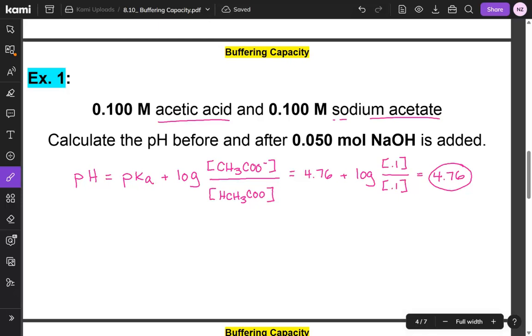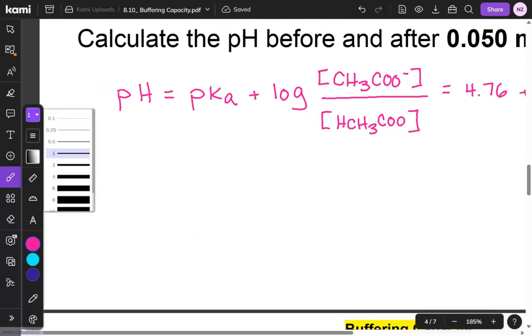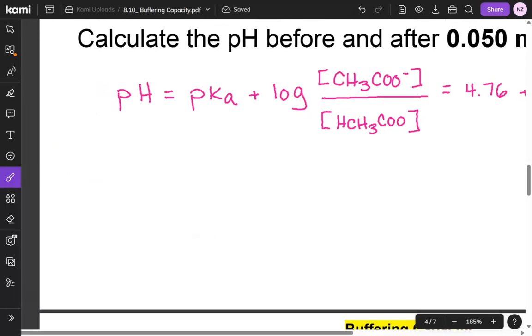Now let's do after we add our OH. So to do this, we're going to need a rice table. Let me shrink down and do this off to the side.